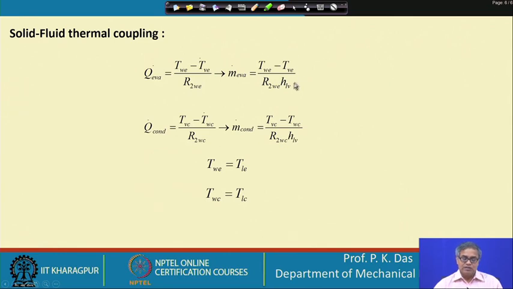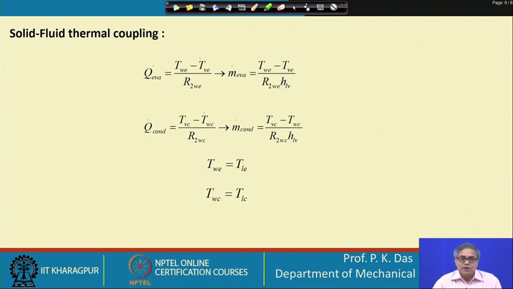With all these things we are able to couple the solid and fluid thermal networks, the thermal network and the fluidic network. A similar set of equations one can get for the condenser also. With all these things we will be able to close our network model.